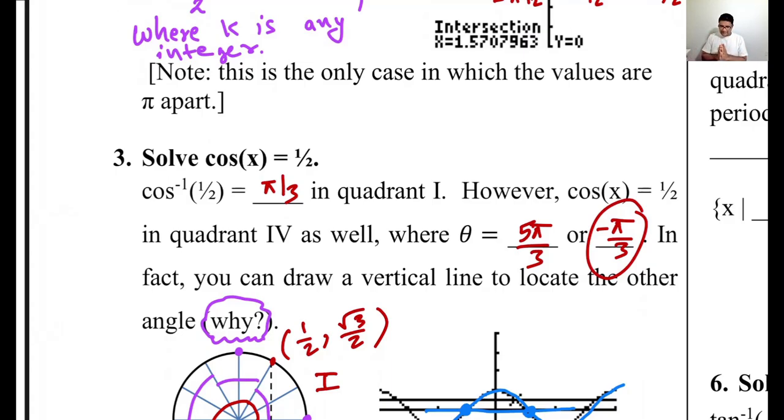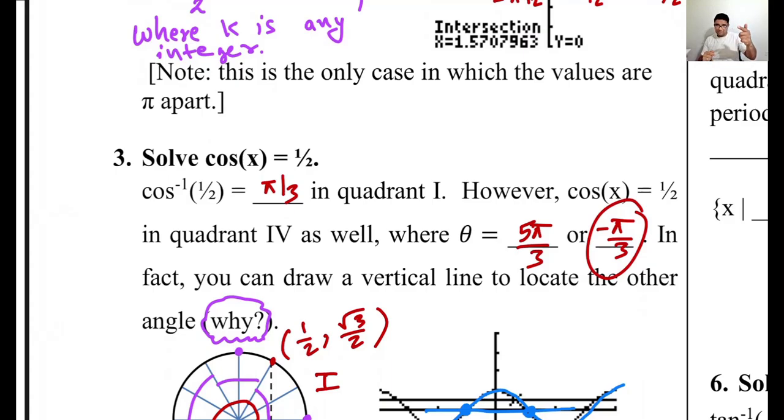The main idea is cosine is defined as x coordinate. So whenever you have one angle, you can get the other angle by looking at its reflection on the x-axis, or by drawing the vertical line, which alternately can be obtained as negative of that angle.